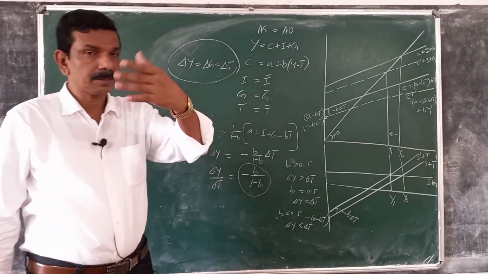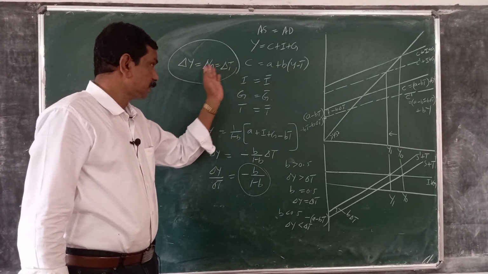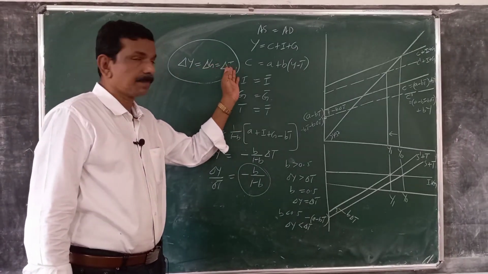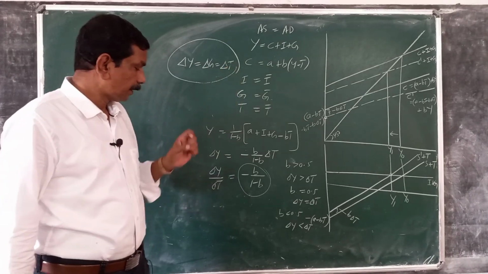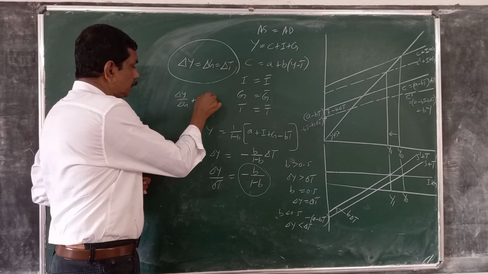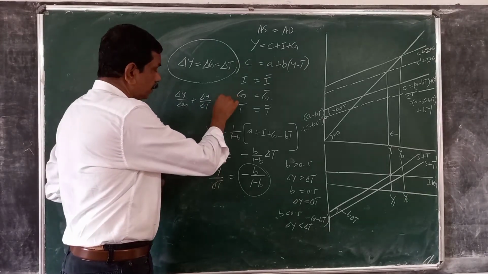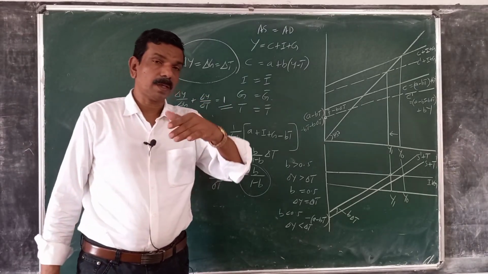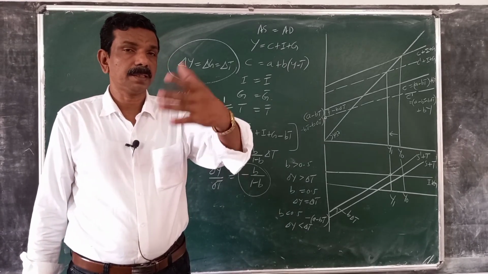Provided that the budget is balanced, the increase in income is equal to the increase in the size of the budget. This is the balanced budget multiplier. When we compare delta Y by delta G plus delta Y by delta T, the value is equal to 1. That is, the government expenditure multiplier is always 1 more than the tax multiplier. So it is known as the unit multiplier theorem.